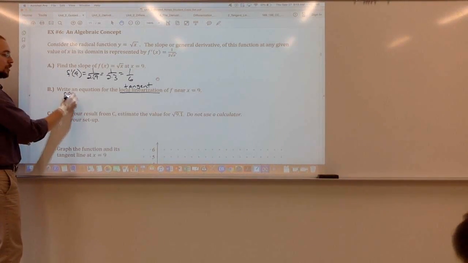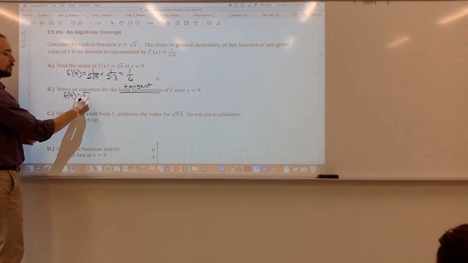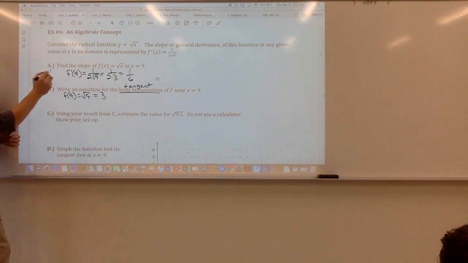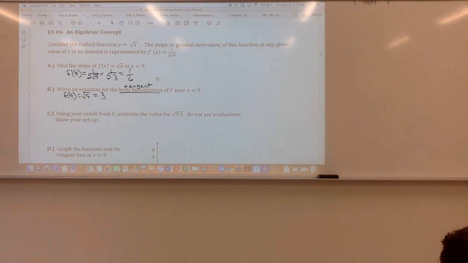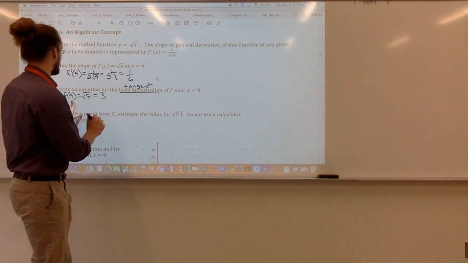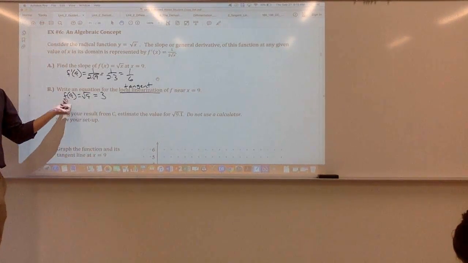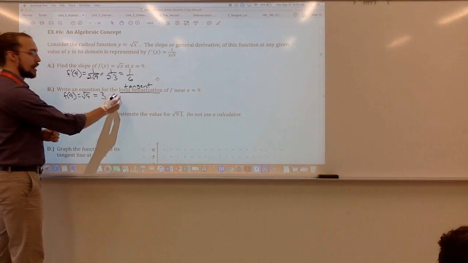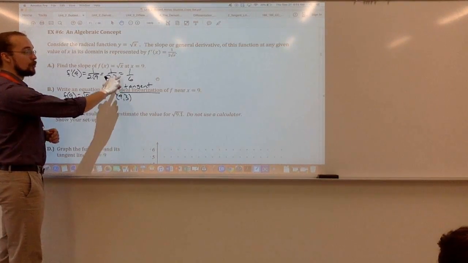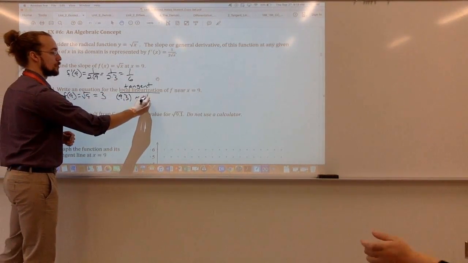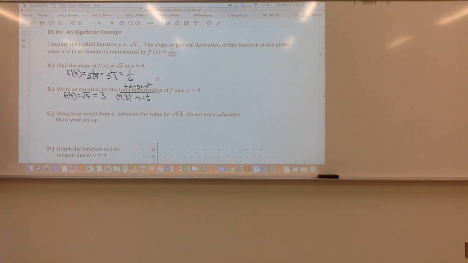So we need our y value. So we get 3, right? Not yet. We'll get there. So we know that we have the point (9, 3), and I know that my slope is 1/6.